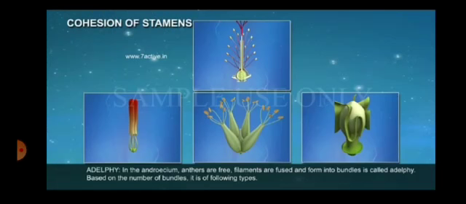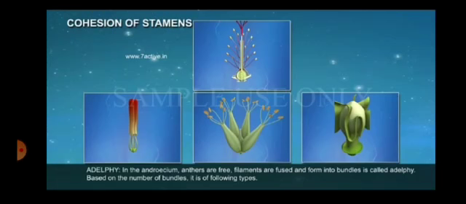In the androecium, anthers are free. Everyone knows what anthers are. Anthers are the structures present at the top of the filament. Filament is a long cylindrical structure which is attached at the base of the flower.